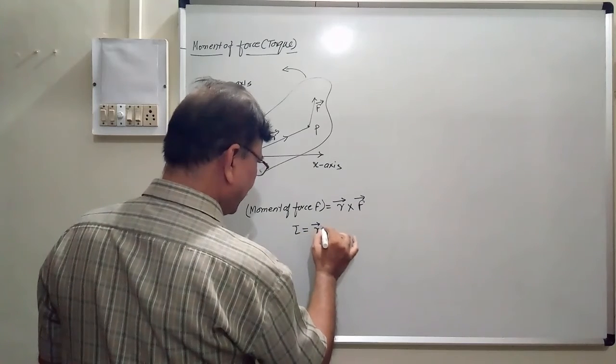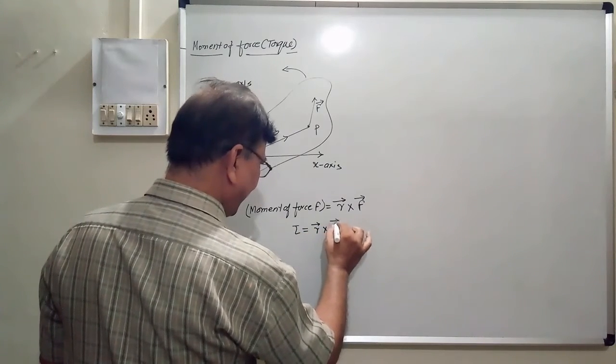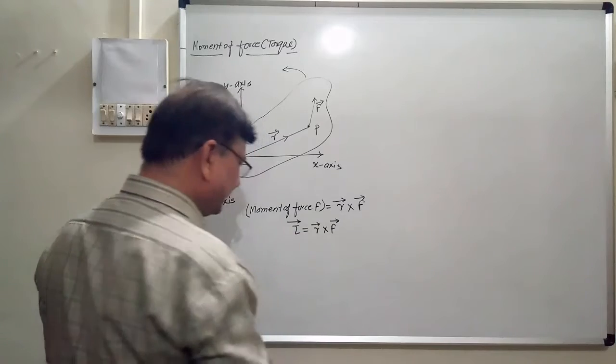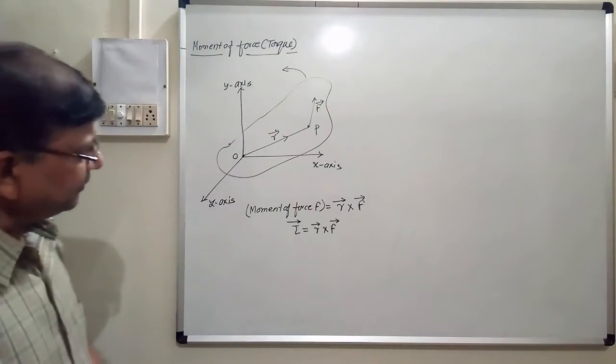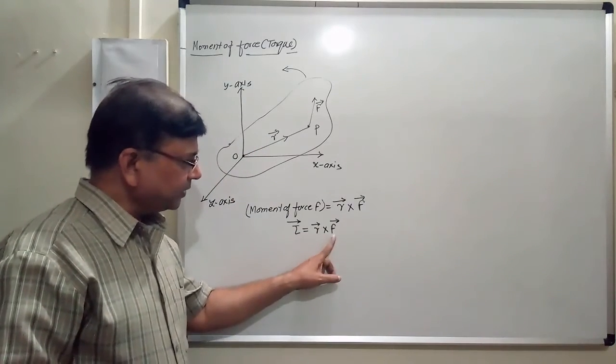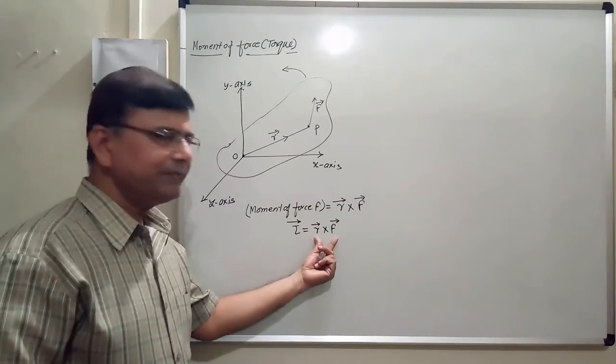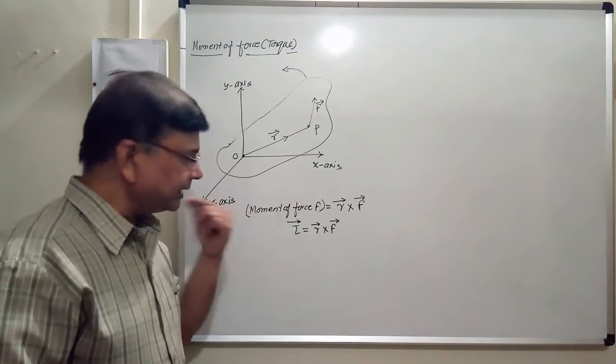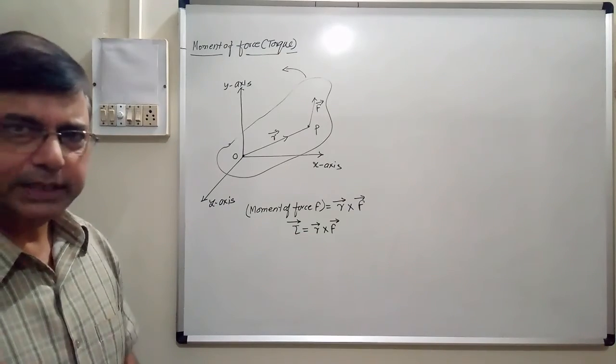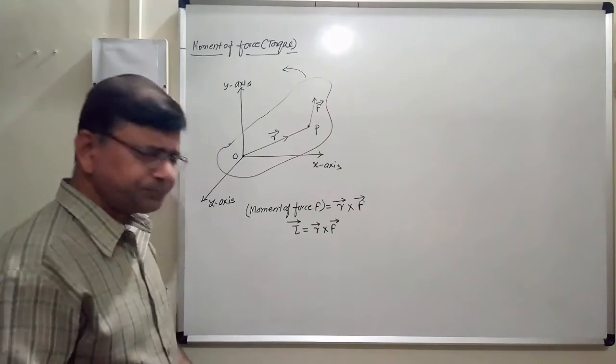Tau is equal to r cross F, and of course this is a vector quantity because there is a cross product of this position vector and the force vector. It is a vector quantity. That is why this tau, moment of the force, is a vector quantity.